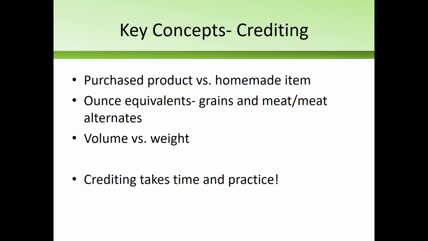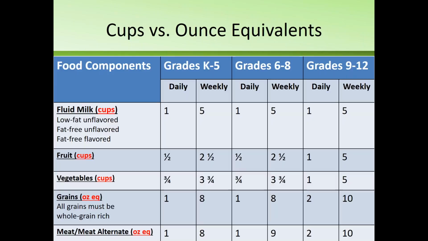We will also discuss the difference between volume and weight for the purposes of determining the meal pattern contribution. This is true especially for fruits and vegetables. I also wanted to emphasize that crediting takes time and practice, but it's an important concept for you to know.